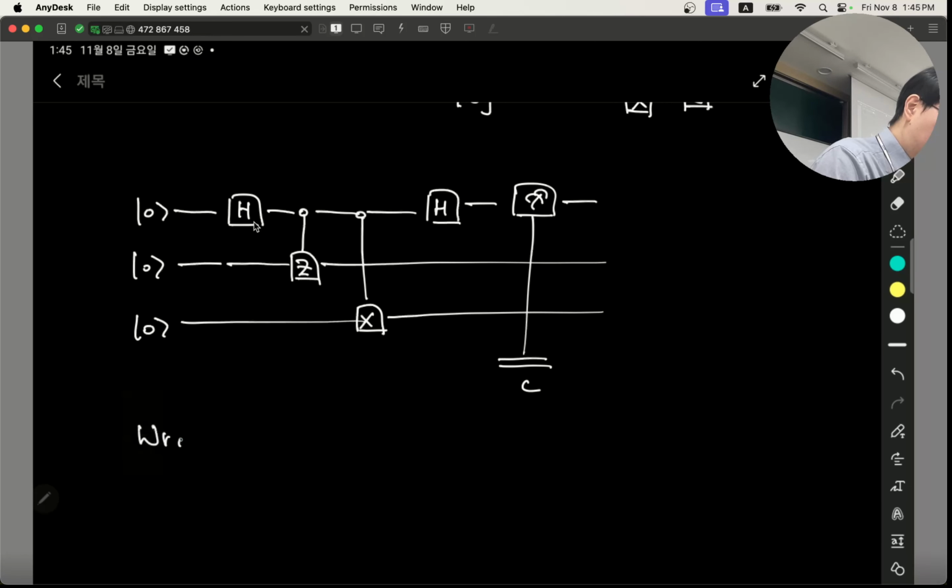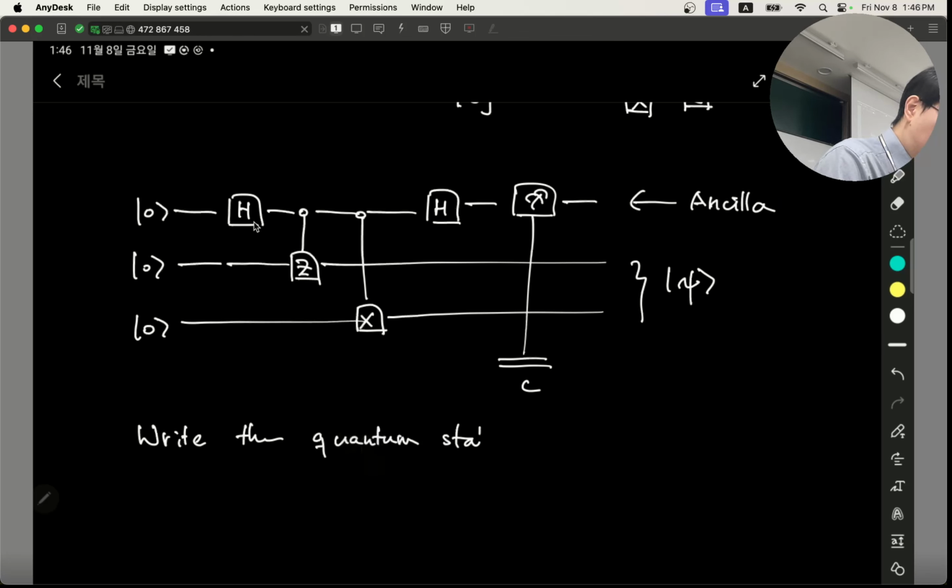Let's see, this is psi, because this is the ancilla here. Write the quantum state psi, and the readoff is zero.